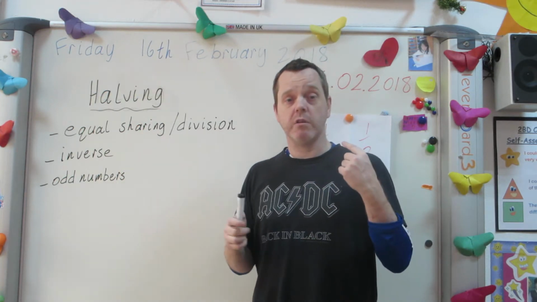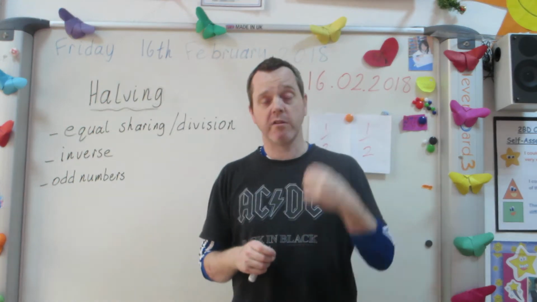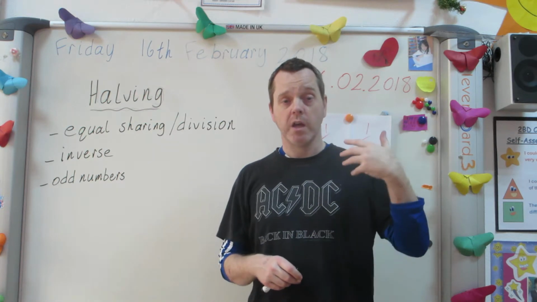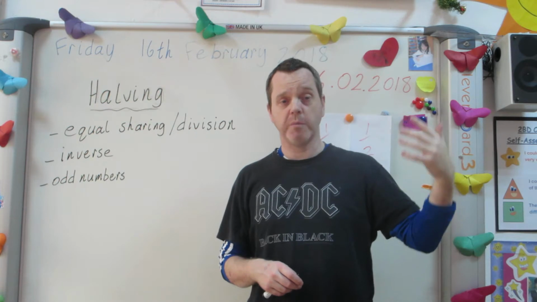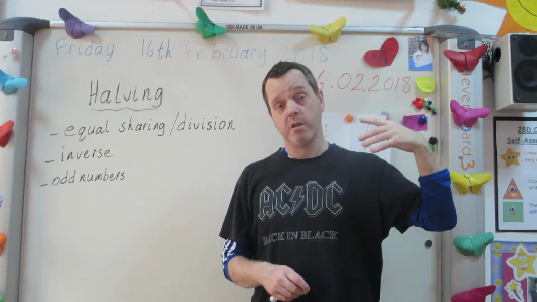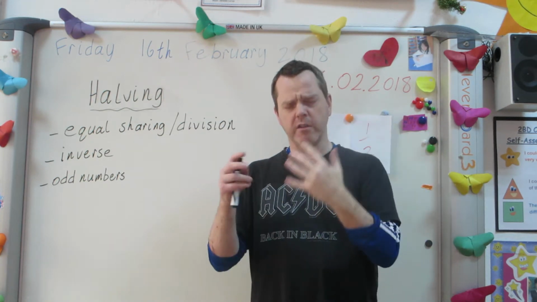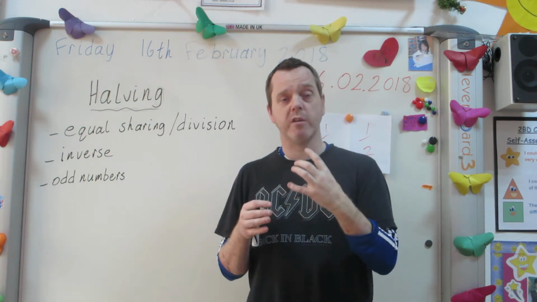The children need to know or have some automatic knowledge of doubling, and really doubles up to 15. So from double 1 up to double 15, the higher the better, but at this time in year 2 there needs to be some automatic knowledge.